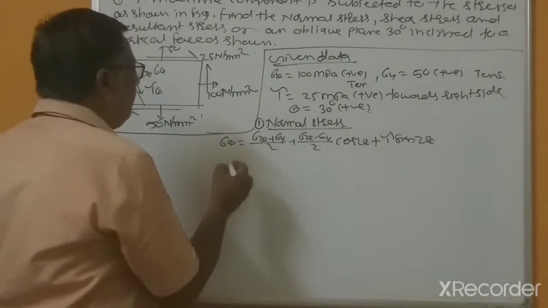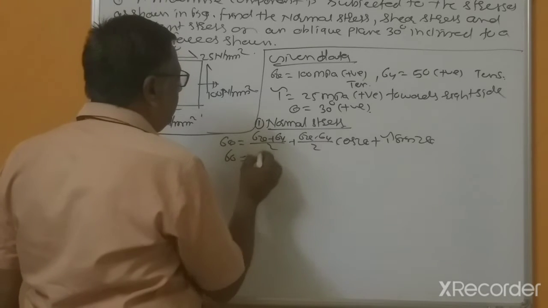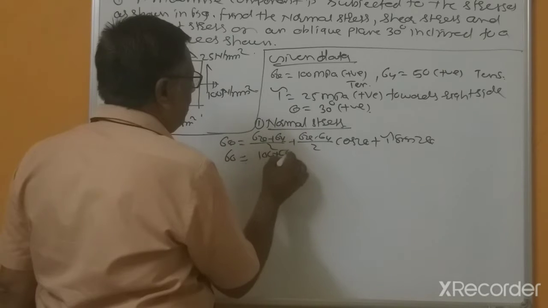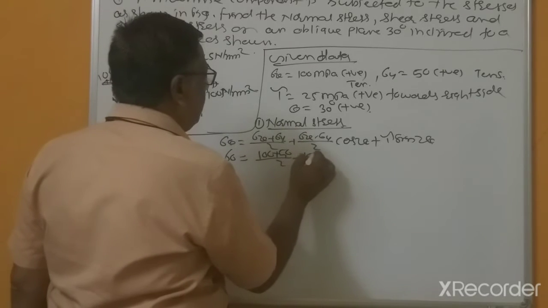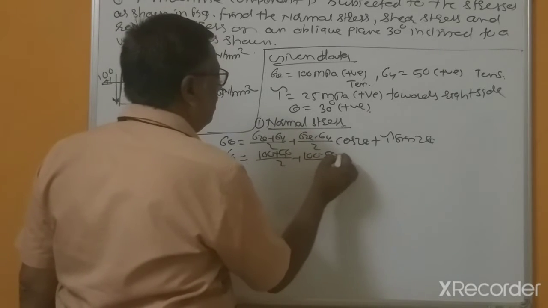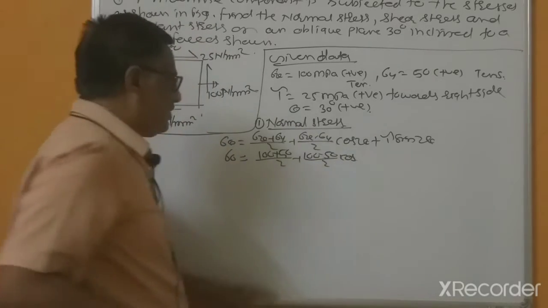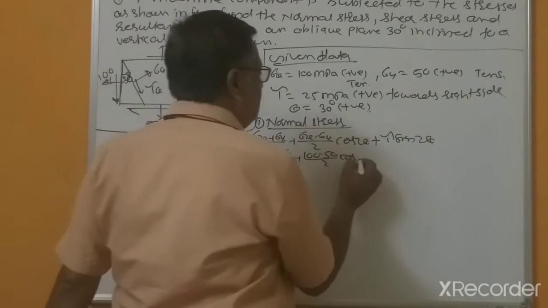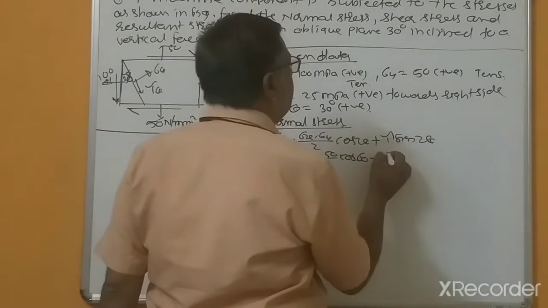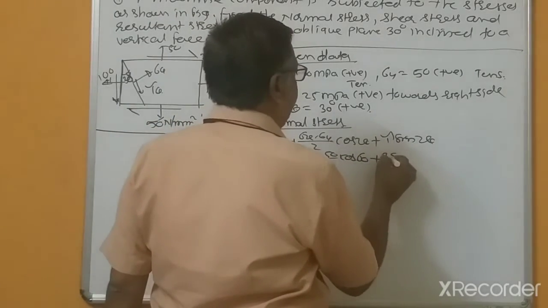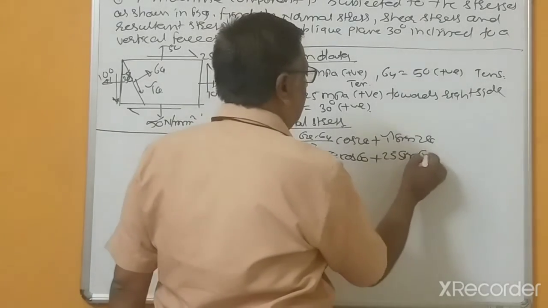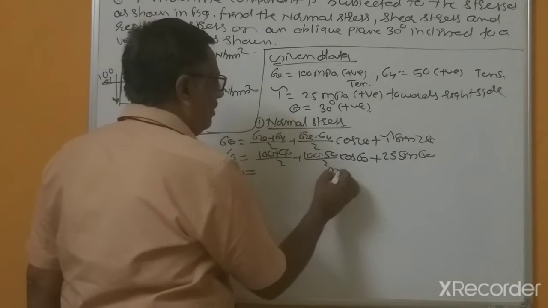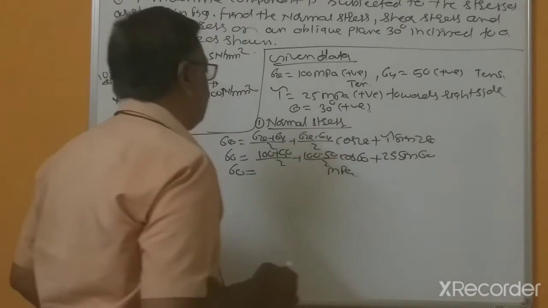Now you are familiar, so here I directly put the values. 150 divided by 2, plus 100 minus 50 divided by 2 cos, now theta is 30 degree so 2 theta is 60, plus tau equal to positive 25 and again sin 60. So sigma theta equal to, in megapascals.